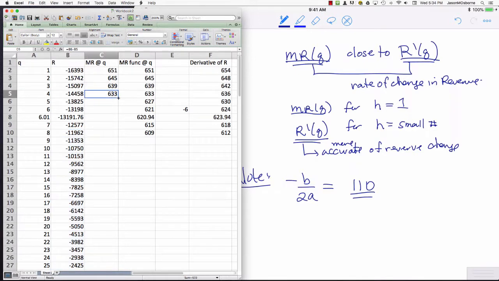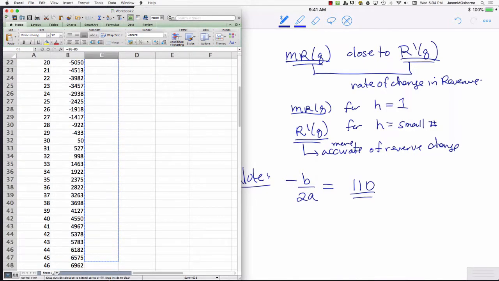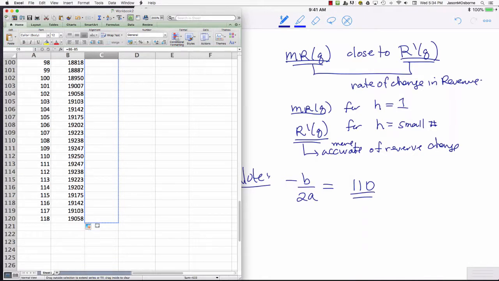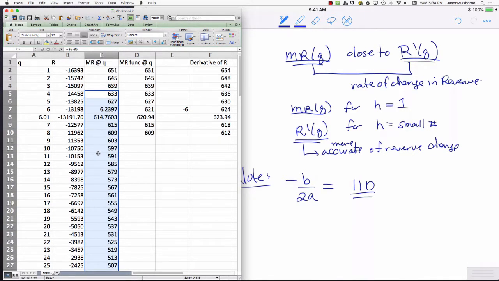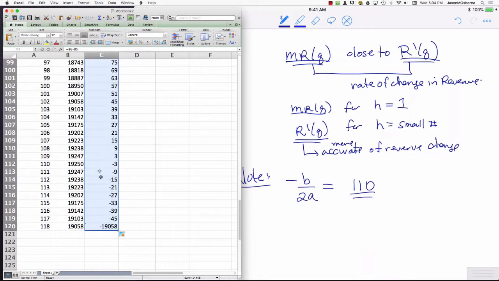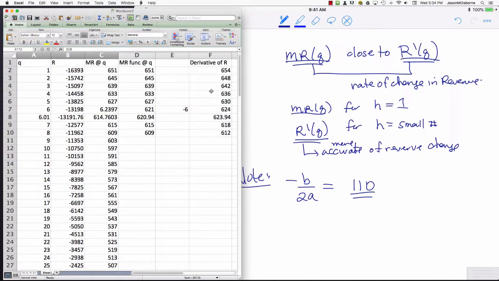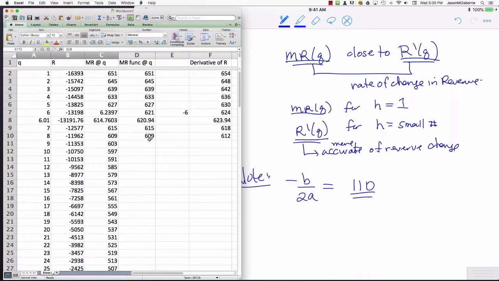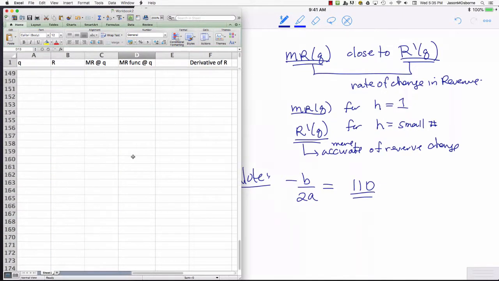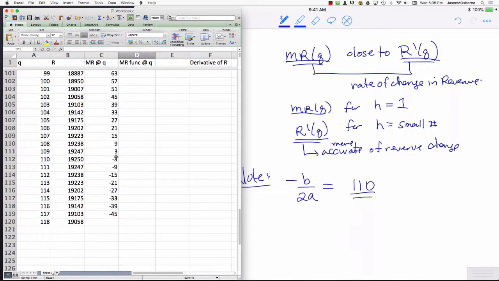And if you look at the marginal revenue, notice that around 110, where the vertex happens, the marginal revenue is getting close to 0.